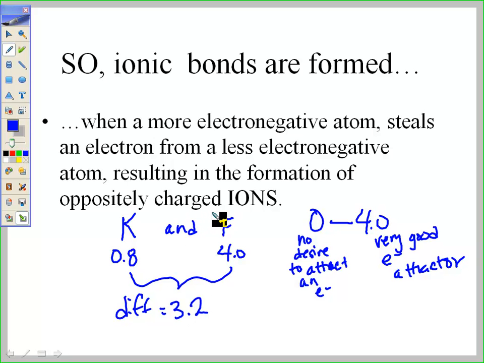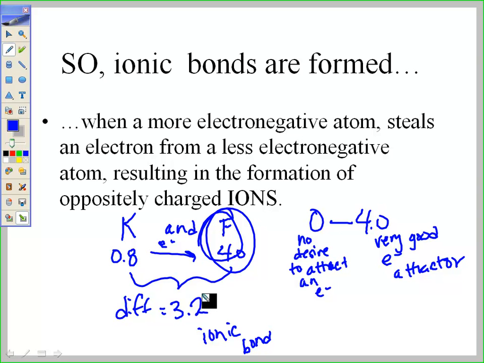So anything above 1.7 is ionic, so this would form an ionic bond. So what would happen is fluorine would be stealing electrons from potassium. So when there is such a lopsided fight, one can peel an electron off of the other one. And that's how an ionic bond is made.